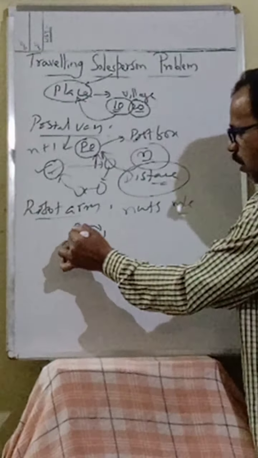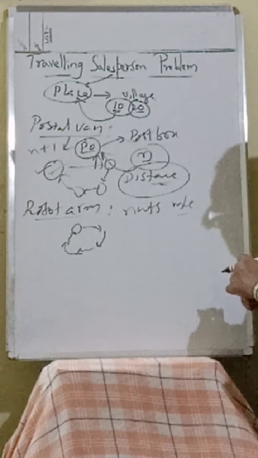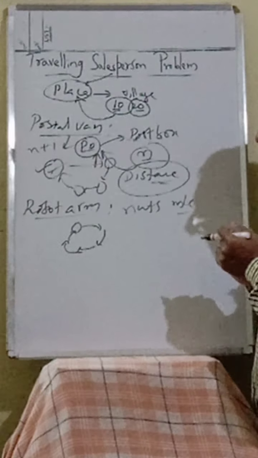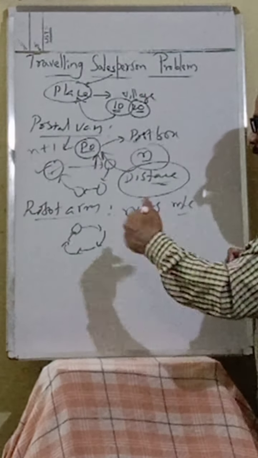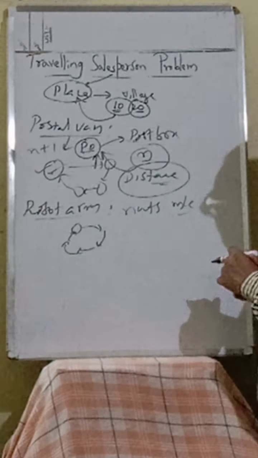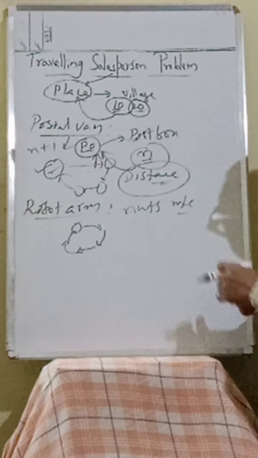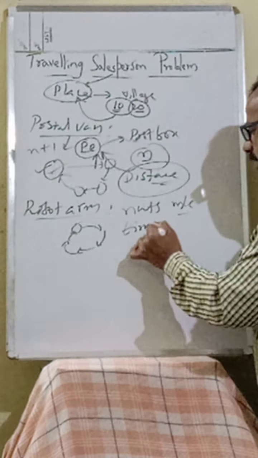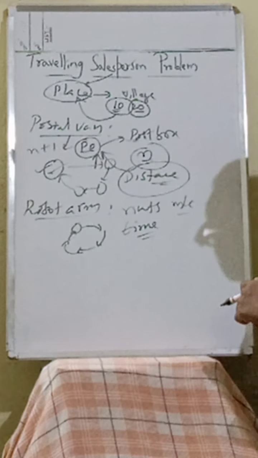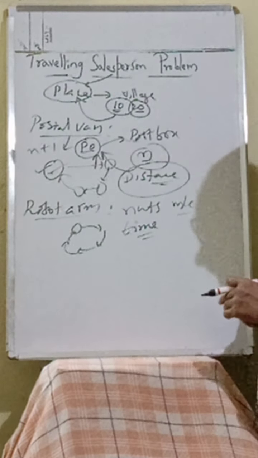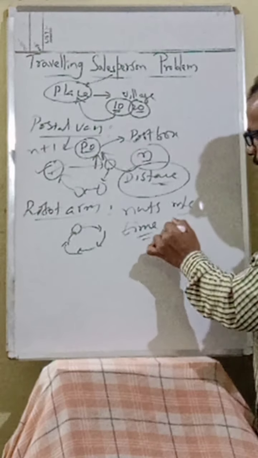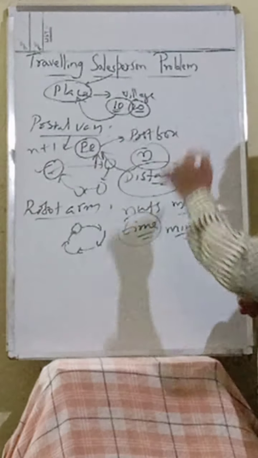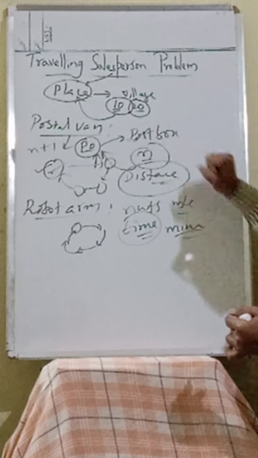It must tighten all the nuts on the machinery. So here we need to concentrate on how much time is required to tighten all the nuts by using the robo arm. According to the traveling salesperson problem or dynamic programming, we relate this example with time. The total time required by the robo arm for tightening the nuts must be reduced, meaning minimum. So this example is related to time. So the first example is related to distance.